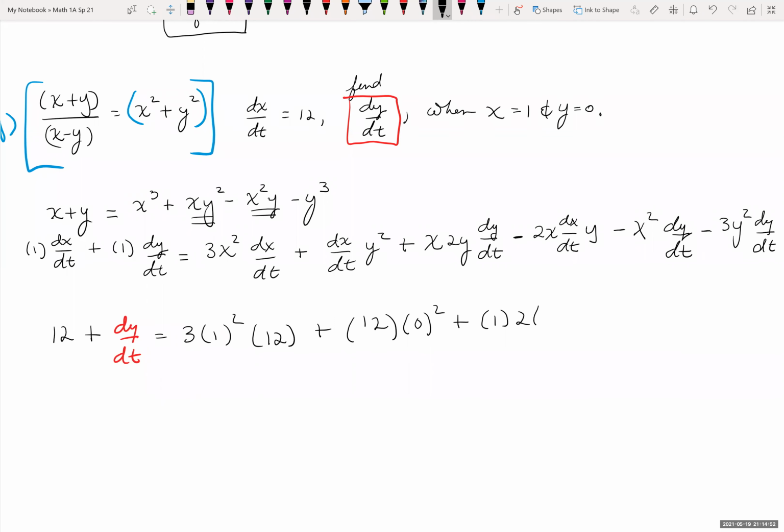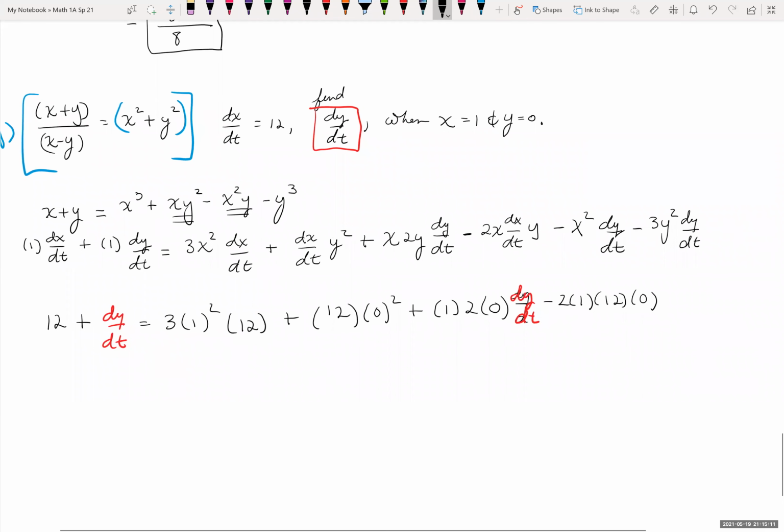I really don't care about the rest because that piece is going to be 0. Minus 2 times 1 times 12, but then times 0, minus 1 squared dy dt, minus 3 times 0 squared, so minus 0.